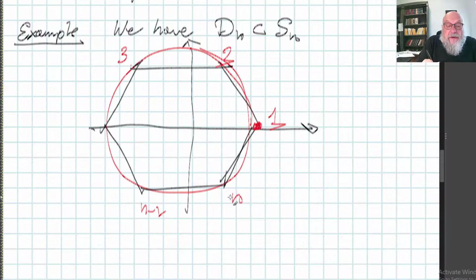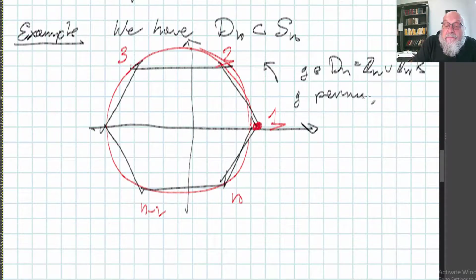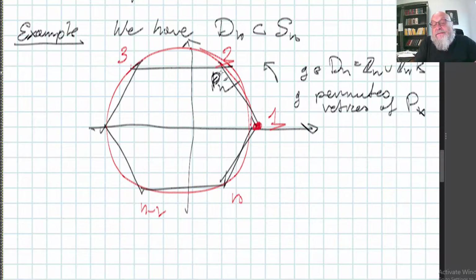I would like to know what happens when I apply any of these elements, g belonging to Dn, which is in this case just rotations or reflections. So g basically will move these vertices around. So in a certain way we obtain that g permutes the vertices of the polygon Pn.